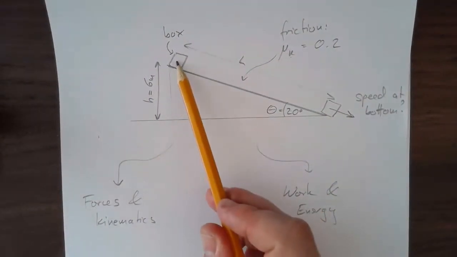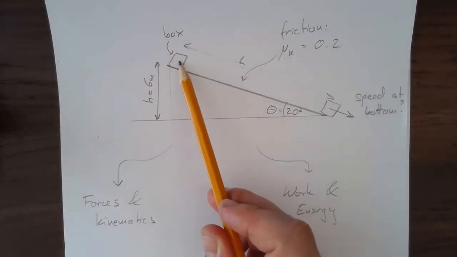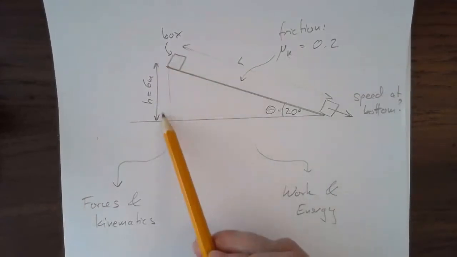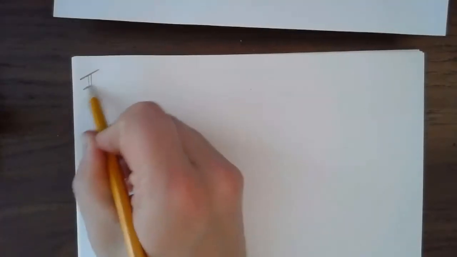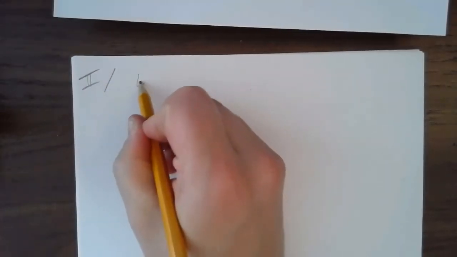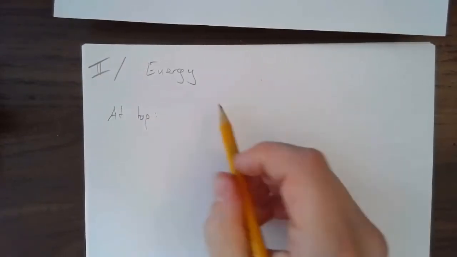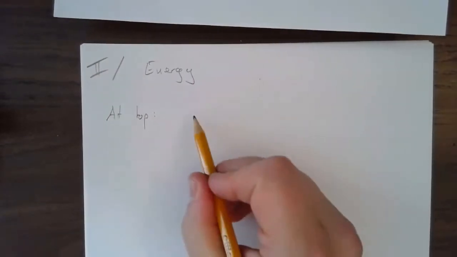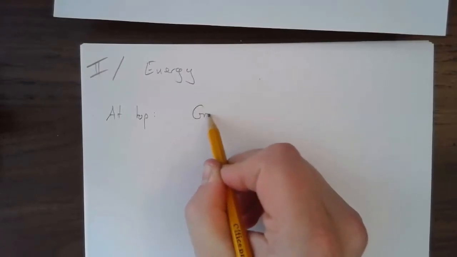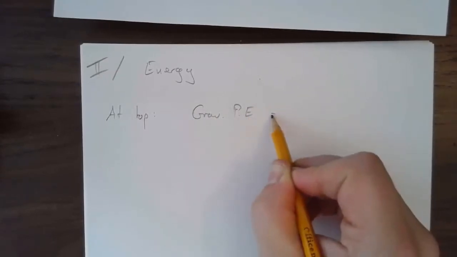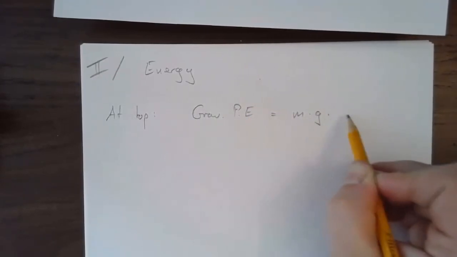Let's look at the box at the top. What energy does it have? Well, it is sitting there, but it's at a certain height, so it has gravitational potential energy. So it's our second method, using energy. At the top, it has gravitational potential energy equal to its mass times g times the height.